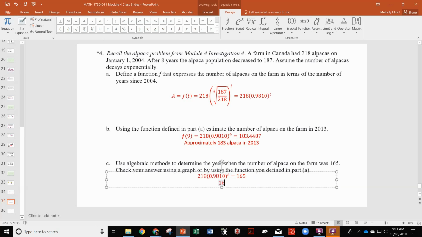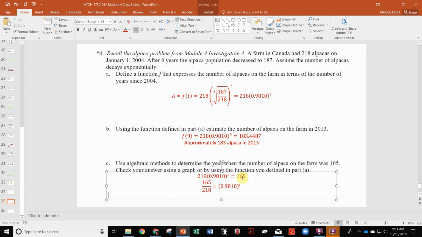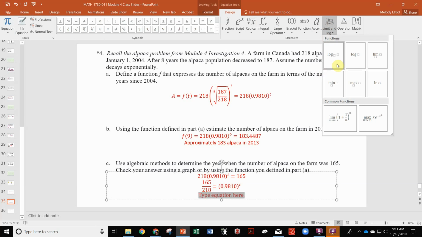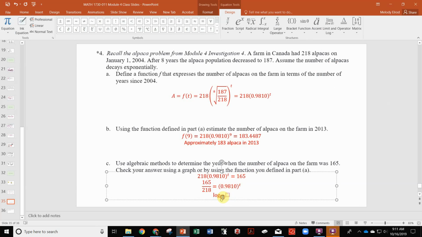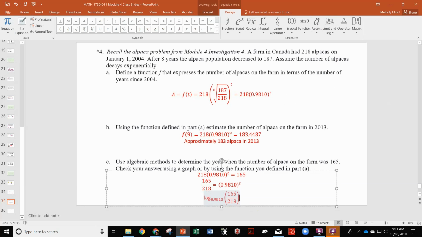So 165 divided by 218 is equal to this 0.9810 raised to the t power, and then we can switch that into logarithmic form. Here's our log. Our base would be the 0.9810, and our input value would be 165 over 218, and we would try to figure out what that value was.